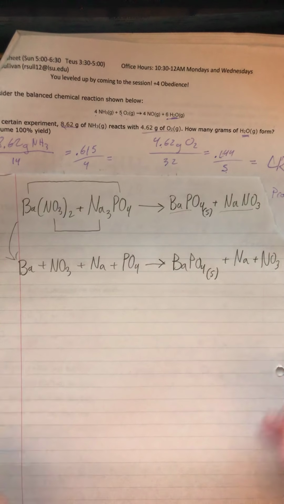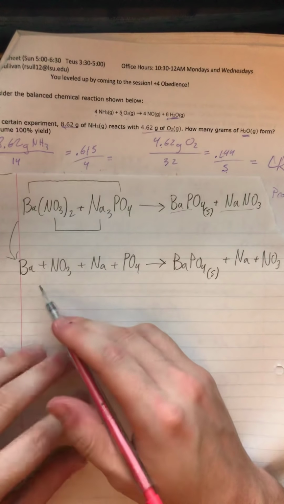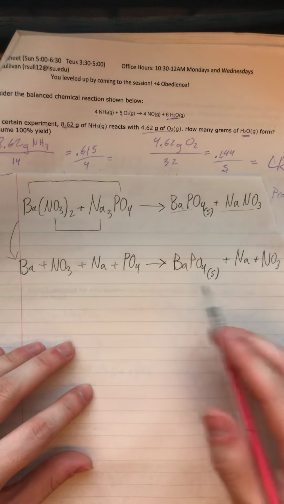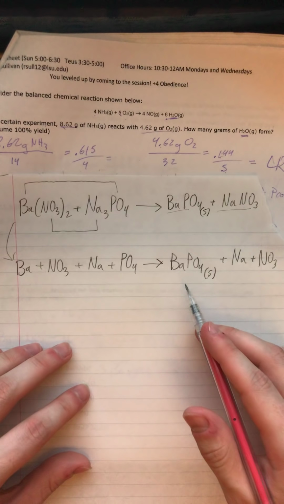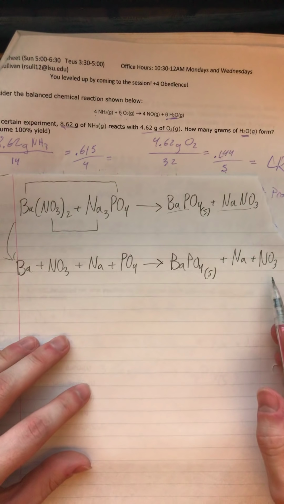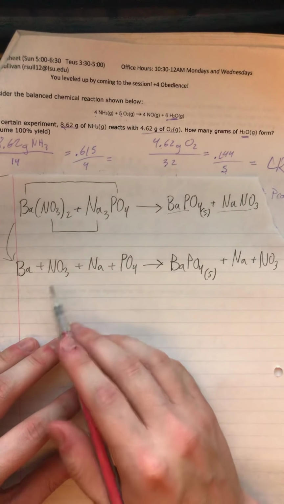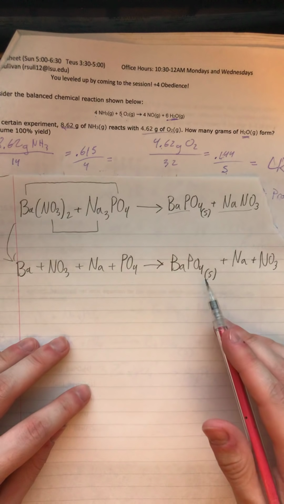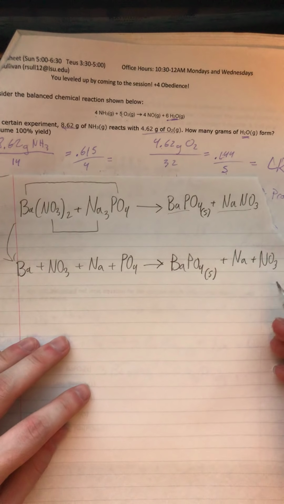So we've got all these ions here, and they make this one singular solid. Anything that isn't part of this reaction, we're going to get rid of. If something doesn't change from the left side to the right side, we're just going to remove it.